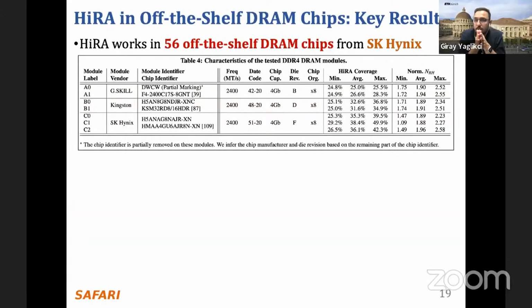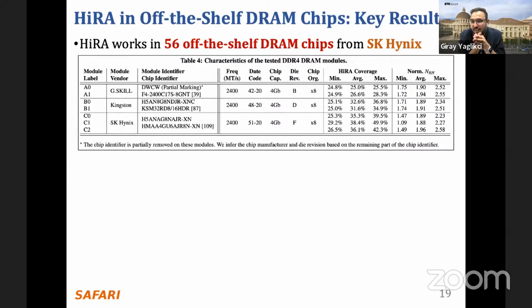In this work, we observed that HiRA works on 56 off-the-shelf DRAM chips from SK Hynix. Unfortunately, we didn't see successful operation on DRAM chips from other manufacturers. But SK Hynix is already one of the three major manufacturers, and they have a large market share.